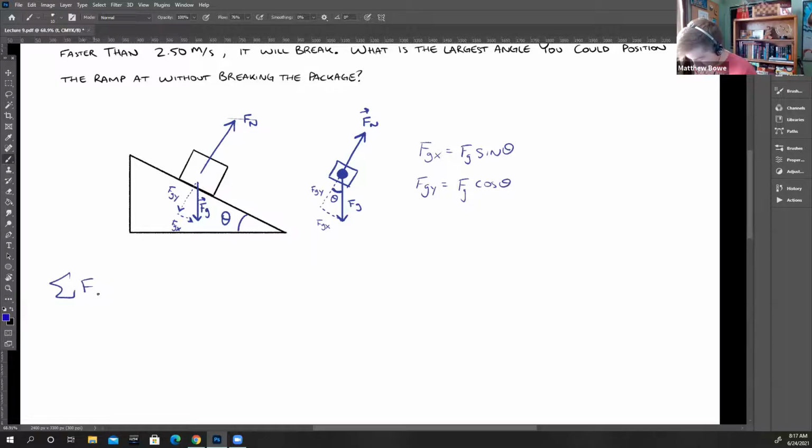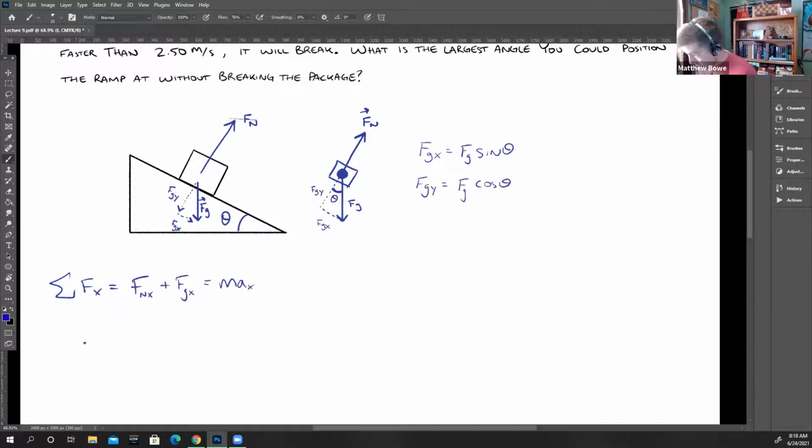Let's add up all of the forces in the x direction, or parallel to the sliding surface. So that's normal force in the x direction plus force of gravity in the x direction. And really that's it. So look on the free body diagram, there are only these two forces. That equals mass times acceleration in the x direction.